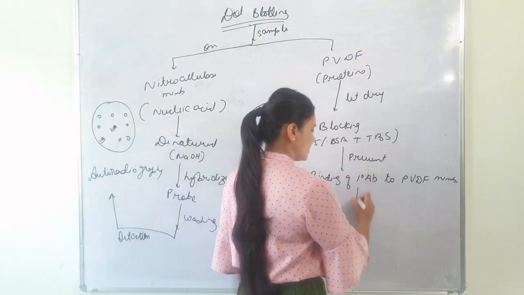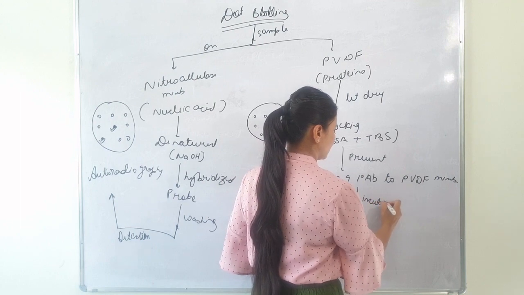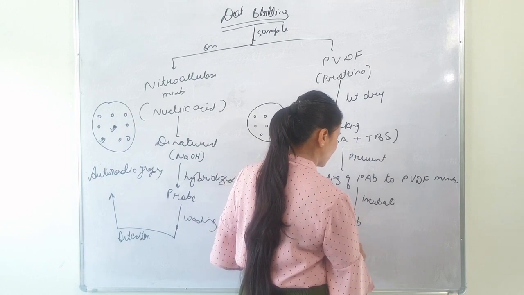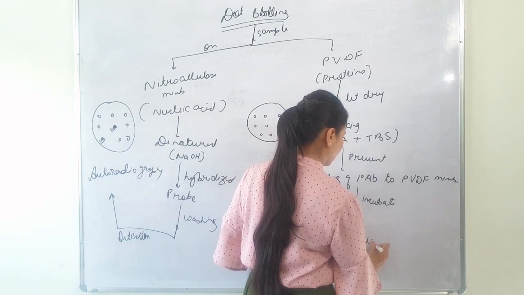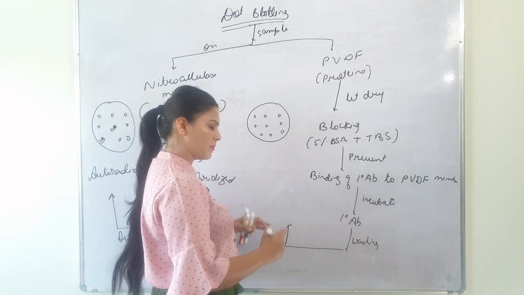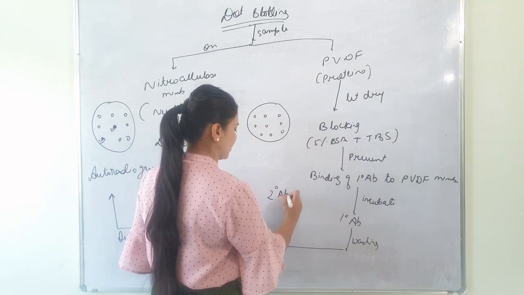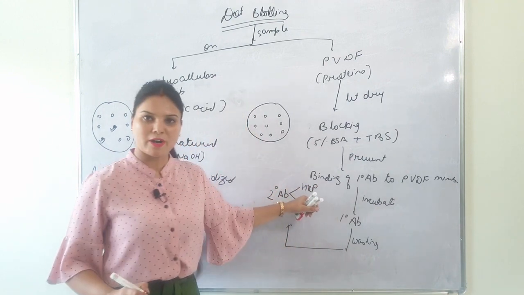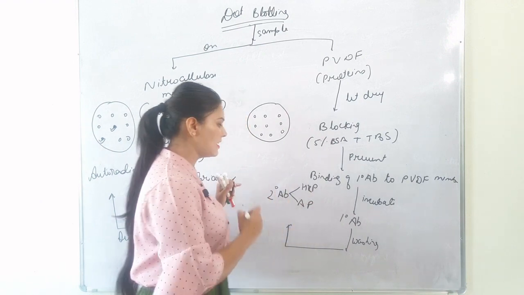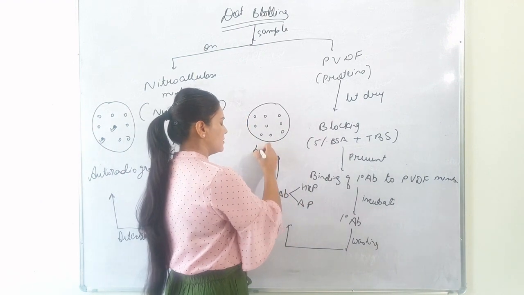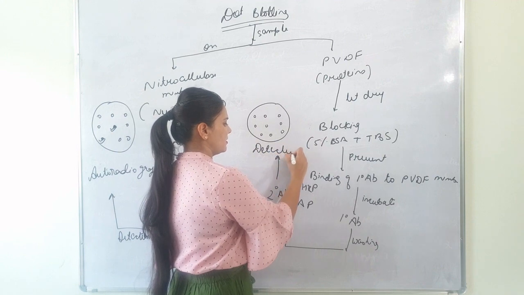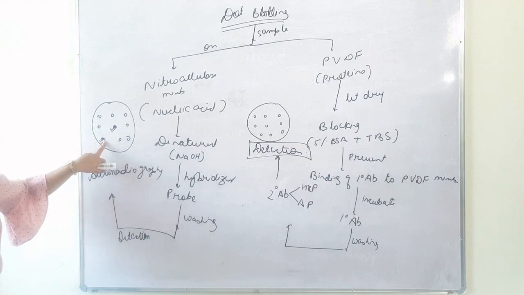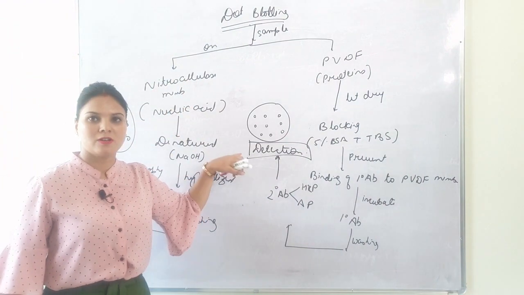After this we incubate the membrane with primary antibody, washing, then incubate the membrane again with secondary antibody bound with either HRP, horseradish peroxidase, or alkaline phosphatase, and then we apply the detection step, where the sample becomes dark after the process of autoradiography.